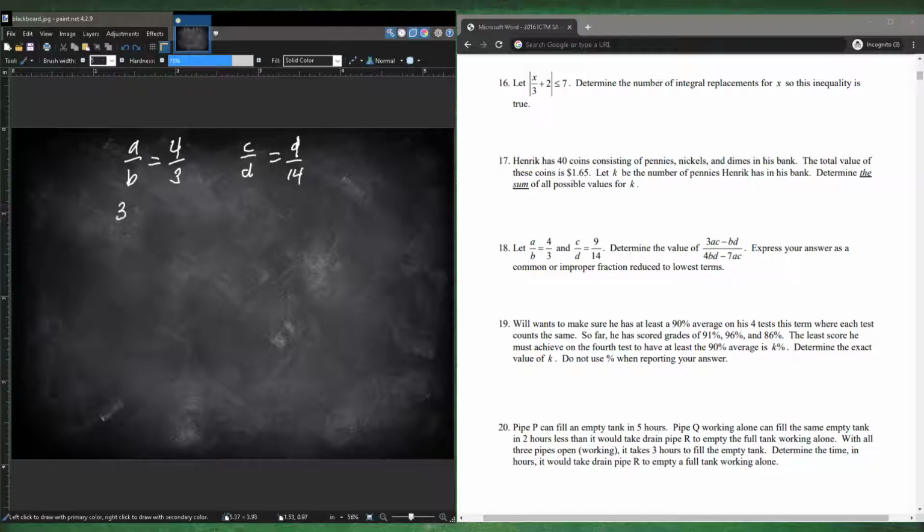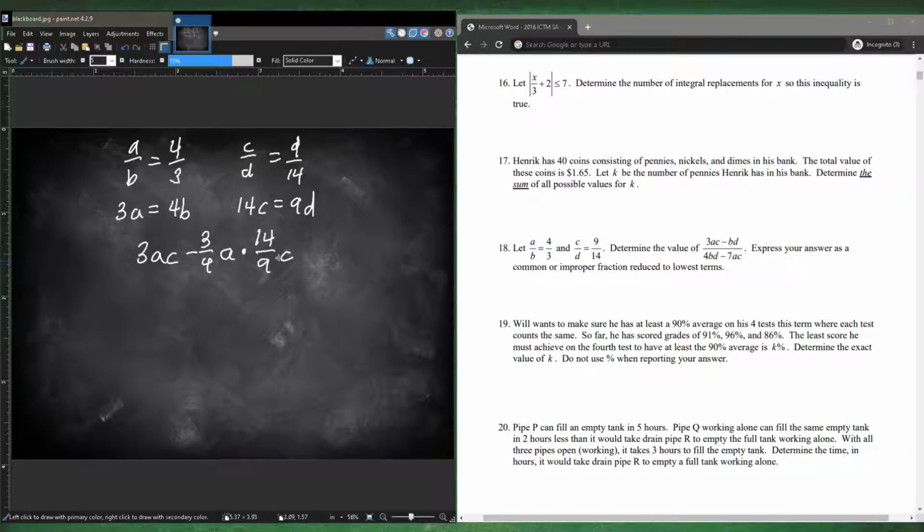Let's cross multiply. So 3A equals 4B, and 14C equals 9D. Oops, sorry. 9D. So 3AC minus B times D. Our B is 3/4 of A, and our D is 14 over 9 C, right?